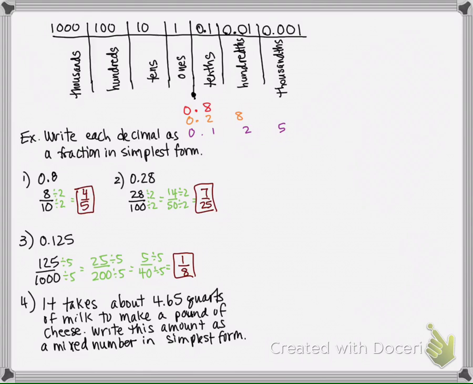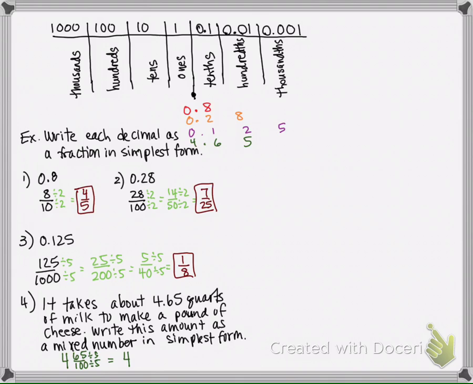Okay, so I'm just going to read it and write it. 4 and 65 hundredths. 4 and 65 hundredths. So if I drew it over here, 4 and 65 hundredths. Okay, then I'm going to simplify. I know 5 can go into both of those.